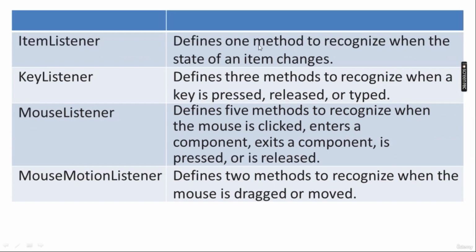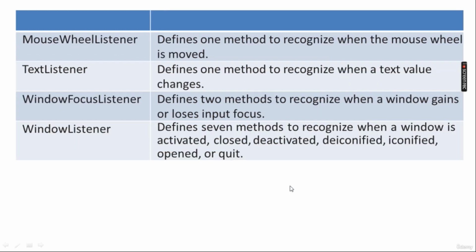ItemListener defines one method to recognize when the state of an item changes. KeyListener defines three methods to recognize when a key is pressed, released, or typed. MouseListener defines five methods to recognize when the mouse is clicked, enters a component, exits a component, is pressed, or is released. MouseMotionListener defines two methods to recognize when the mouse is dragged or moved.